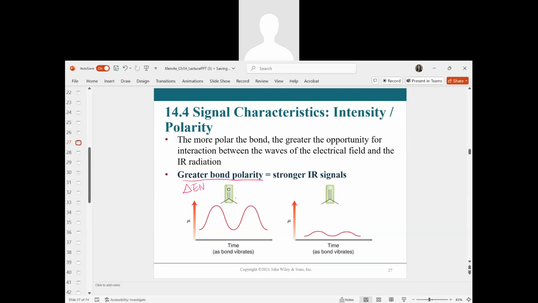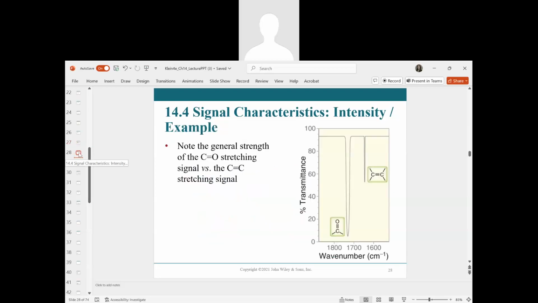We can see here that the C=O stretch of this carbonyl has this value shown for its dipole moment, versus the dipole here for a C=C double bond, which is much less. There is a little bit of polarity because we don't have a completely symmetric molecule here. But again, the bond polarity is what directly causes this IR signal to be greater or less, depending on the two atoms involved in that bond.